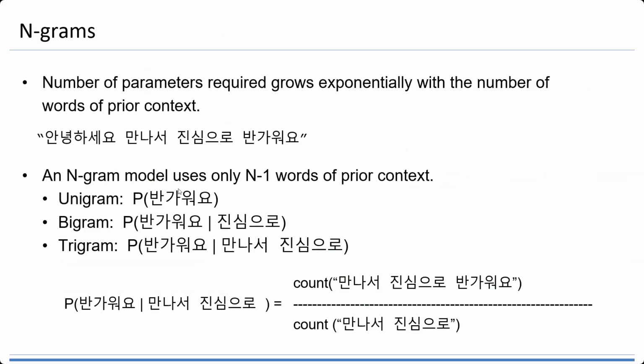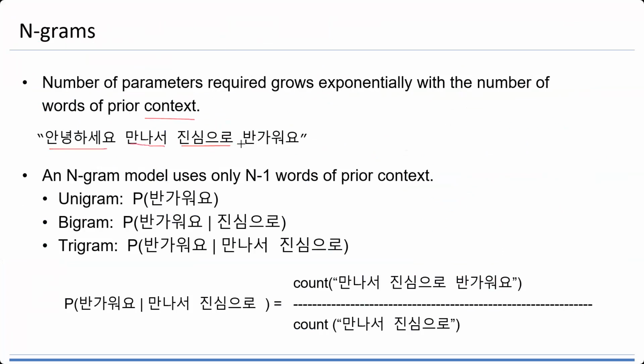So for n-grams, the number of parameters required grows exponentially with the number of words of prior context. The prior context means the words that you have before. For example, you have the Korean words 안녕하세요, 만나서 진심으로 반가워요.